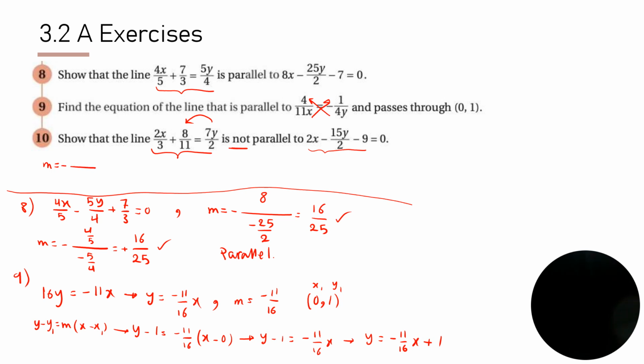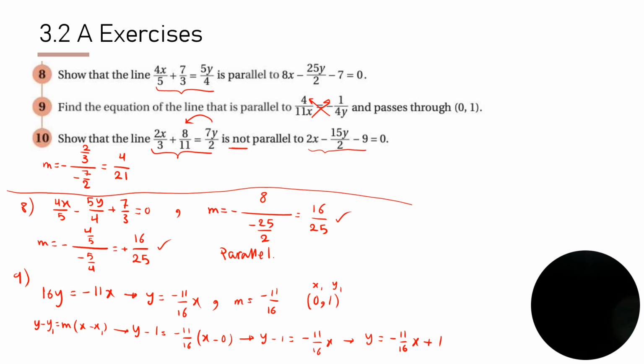There is negative coefficient of x, which is 2 over 3. Coefficient of y would be negative 7 over 2 when you move it to the left side. And if you simplify it, it's going to be positive 4 over 21. Use a calculator to calculate and simplify this fraction.